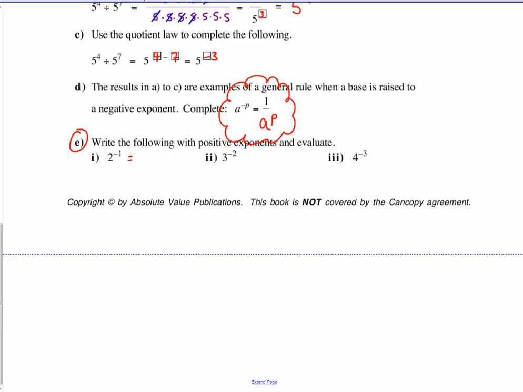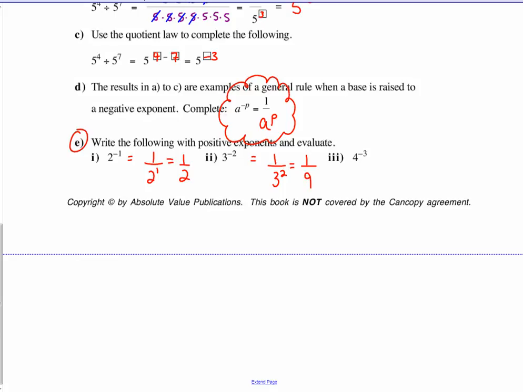So what would this turn into? If I want to make that a positive exponent, where does it go? On the bottom. 2 to the power of 1 is the same thing as just 1 over 2, 1/2. If I want to move the negative exponent, where is it going to move? To the bottom. Becomes 1 over 9.